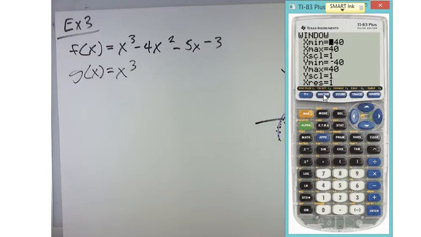If I go from negative 56, so in your textbook what they do is they go from negative 56 to 56, and then in the y direction, and this is interesting, they go from negative 12,000 to 12,000. Oh, I got one too many zeros there.